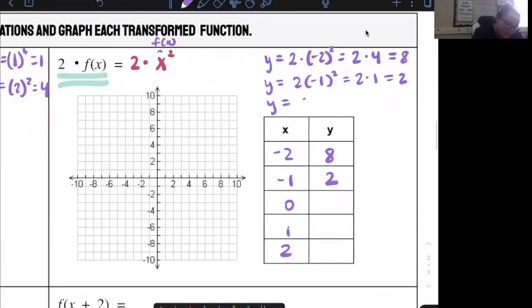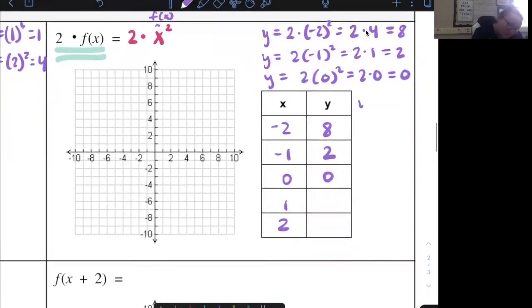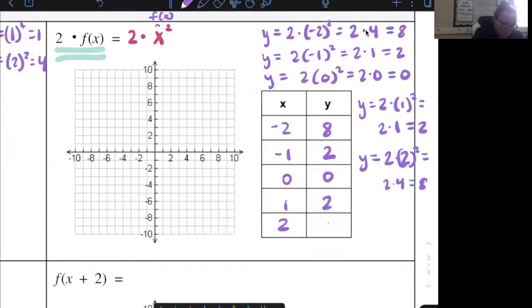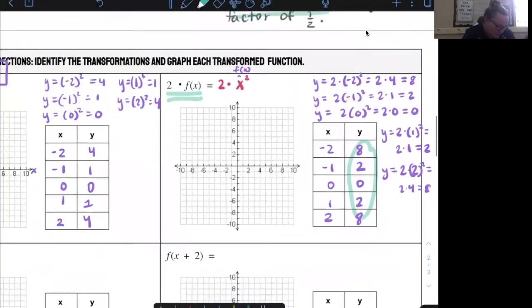Then 2 times 0 squared, which is 2 times 0, which is 0. 2 times 1 squared, which is 2 times 1, which is 2. 2 times 2 squared, which is 2 times 4, which is 8. So, well, how do those y values compare to our parent function? So check this out.